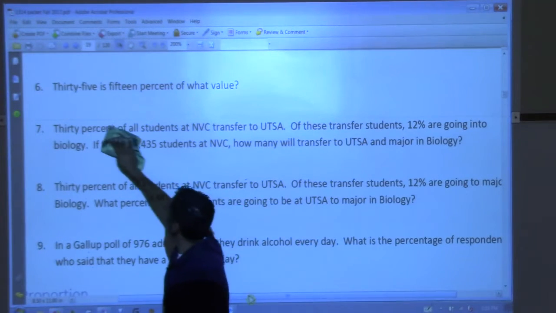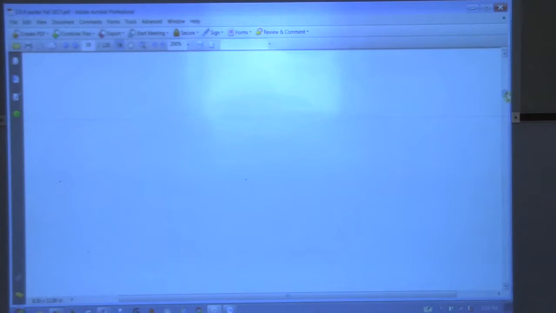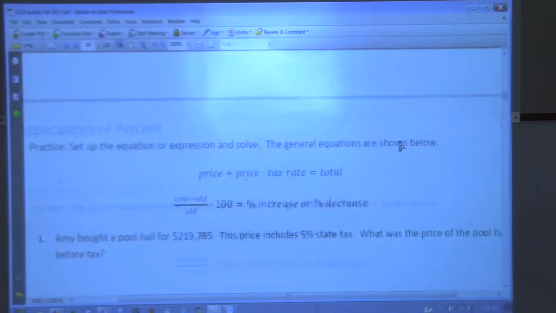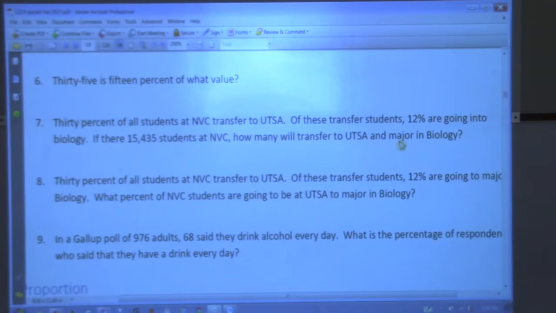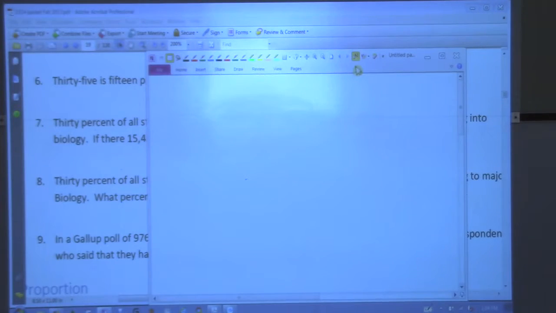30% of all students at Northwest Vista College transfer to UTSA. I was trying to bring this up so I have something to write on.